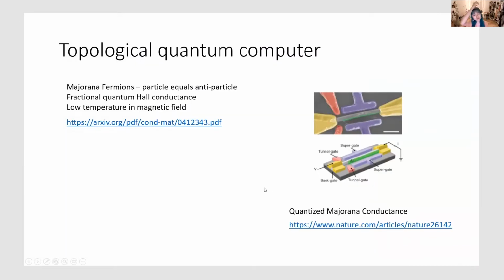Just some research papers that give you an idea of how these structures look. You can have stacks of your aluminum nanowire covered with insulators and put on a superconductor.